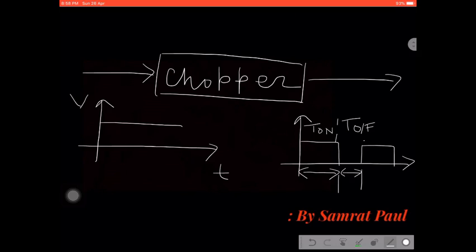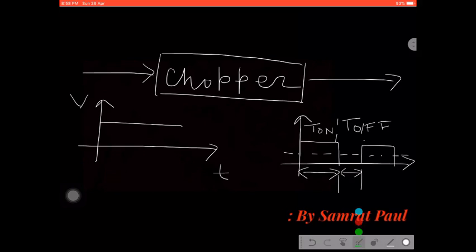If we apply the triggering pulse across any switch, when the switch remains on it provides the output voltage, and when the switch is off, no output voltage appears across the load. That means after averaging this output voltage, we will get a different value of DC.